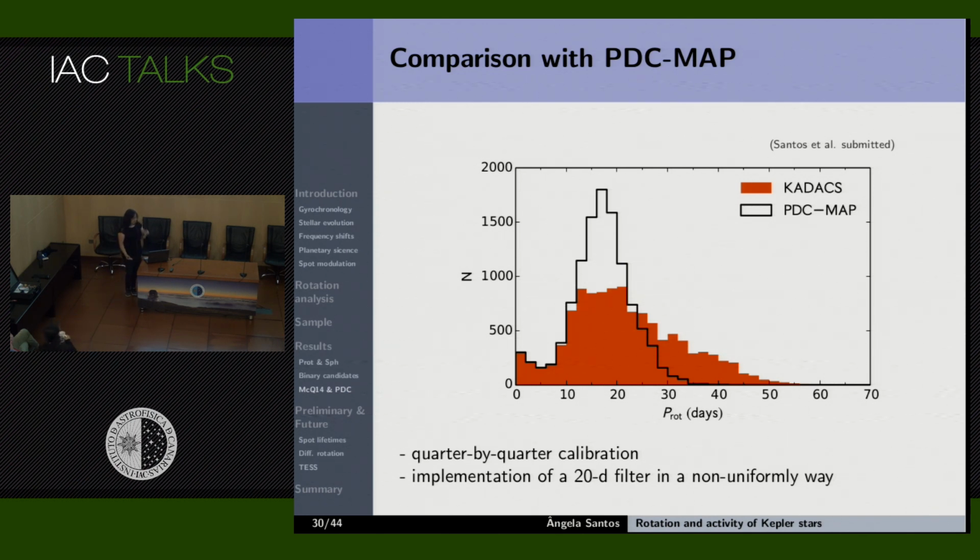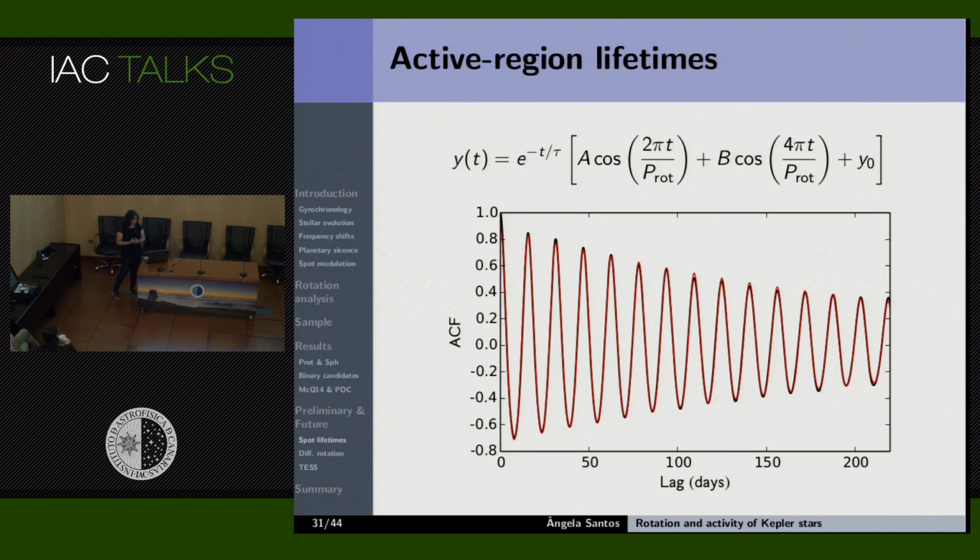And this is the summary for this study, and we plan to extend this analysis for F and G stars, but we also plan to go further, so we already started doing some other extra studies for these K and M stars.